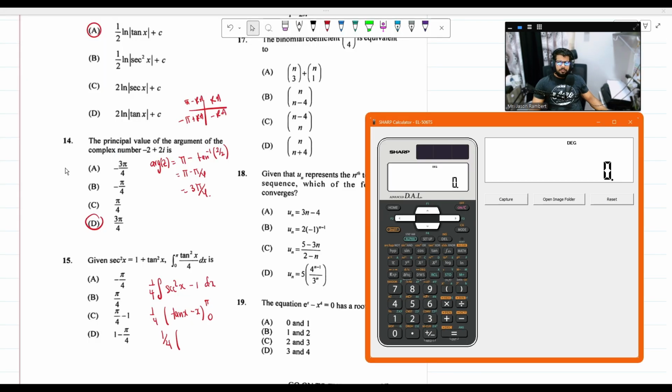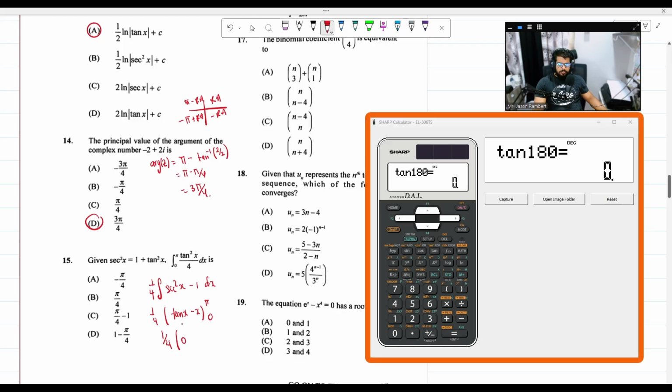Oops. Tan of 180 is 0. So we're going to get 0 take away pi, take away the whole thing that's going to be 0 when I plug in the lower limit of 0, right? So we're going to get minus pi on 4. The answer is A.